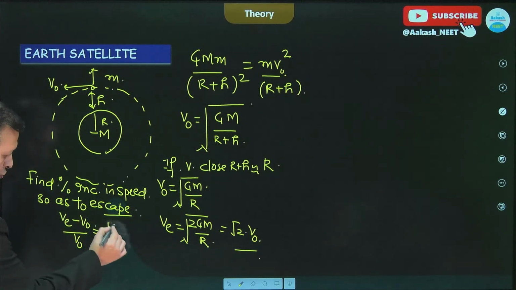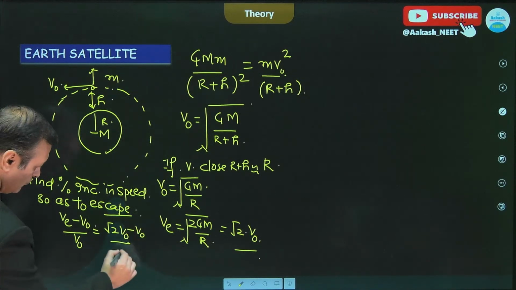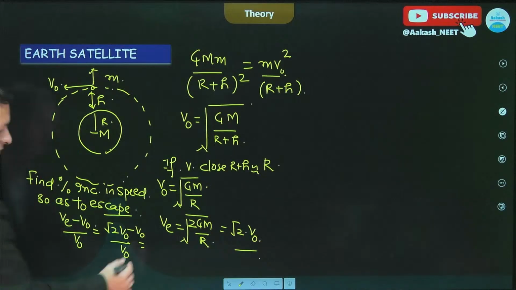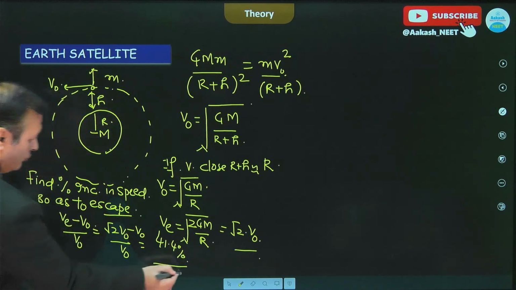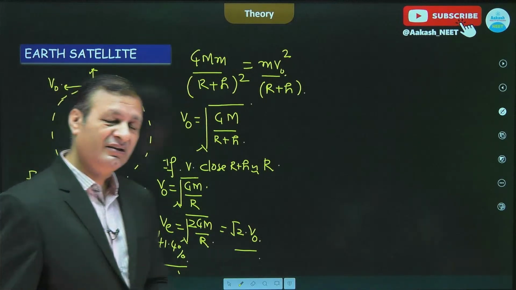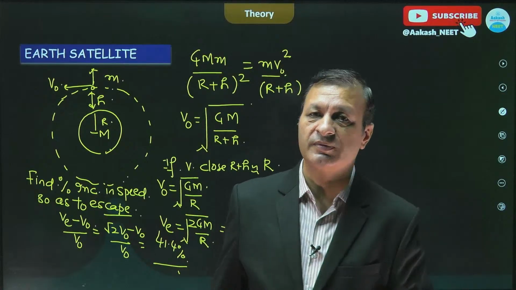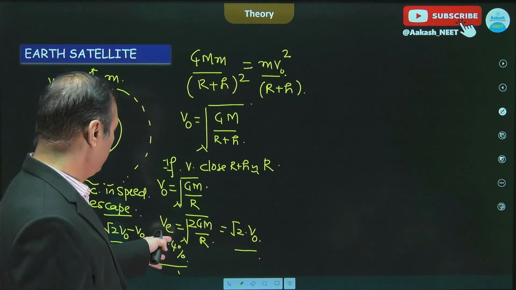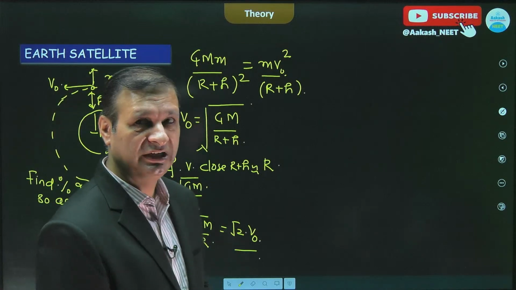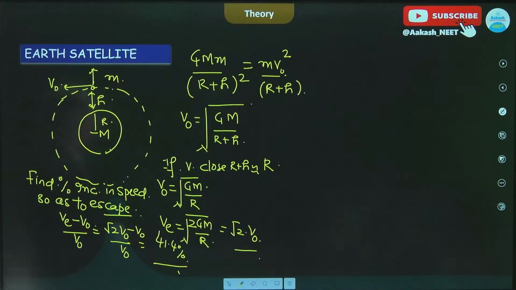So this is root 2 times orbital speed. And when you solve it, it gives you 41.4%. So if you increase the value of its speed by just 41.4%, it would definitely escape.